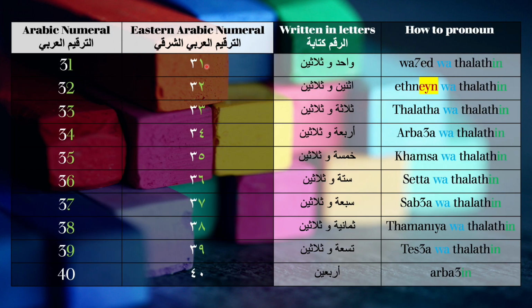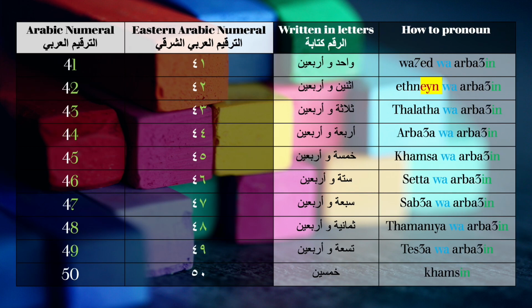Now, I think it became easier to get it. So we will repeat it with 30, right? So it will come 31 all the way to 40. So we will say 1 and 30, 2 and 30, and so on. So let's say it. 31, 32, 33, 34, 35, 36, 37, 38, 39, 40.